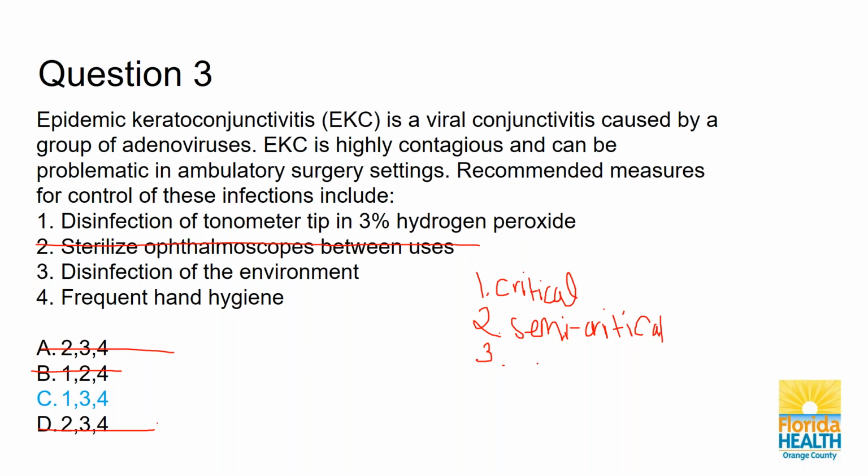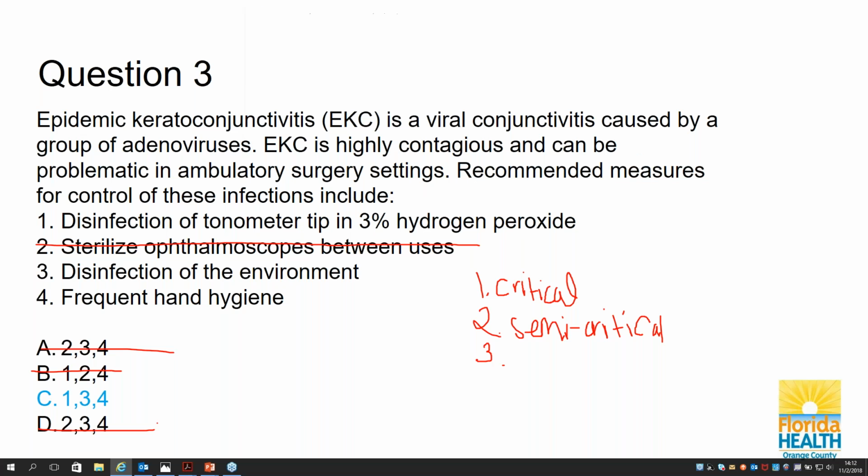So we have non-critical, semi-critical, and critical. Your Spalding criteria is going to help you determine what type of cleaning or sterilization your devices need. So for example, an endoscope. If you work in an endoscopy unit, what criteria would it fall under?